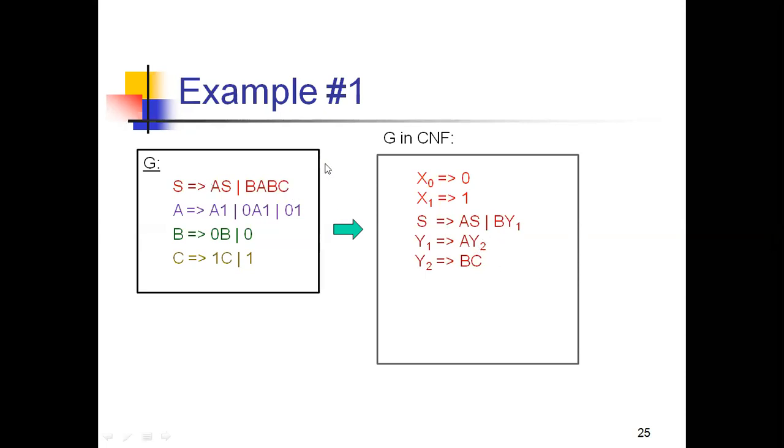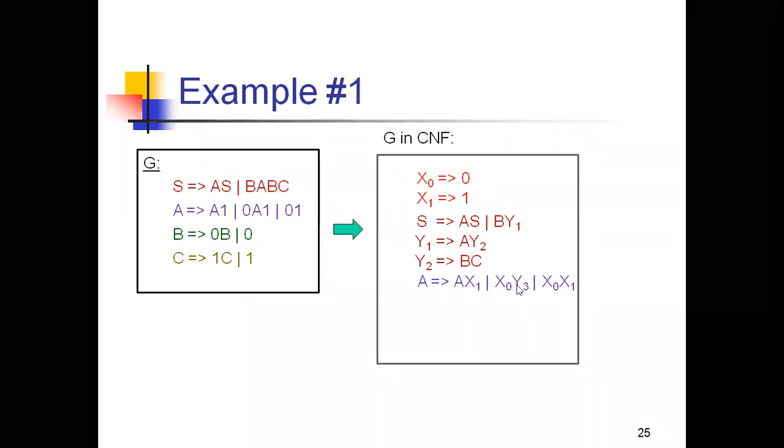And now A tends to, in the place of 1 I need to use this X1. In the place of 0 I need to use X0. So wherever I'm having 1, I place an X1, and actually it is X0 A1, and now that A1 is given to the Y3, and Y3 is another new variable I introduced here.